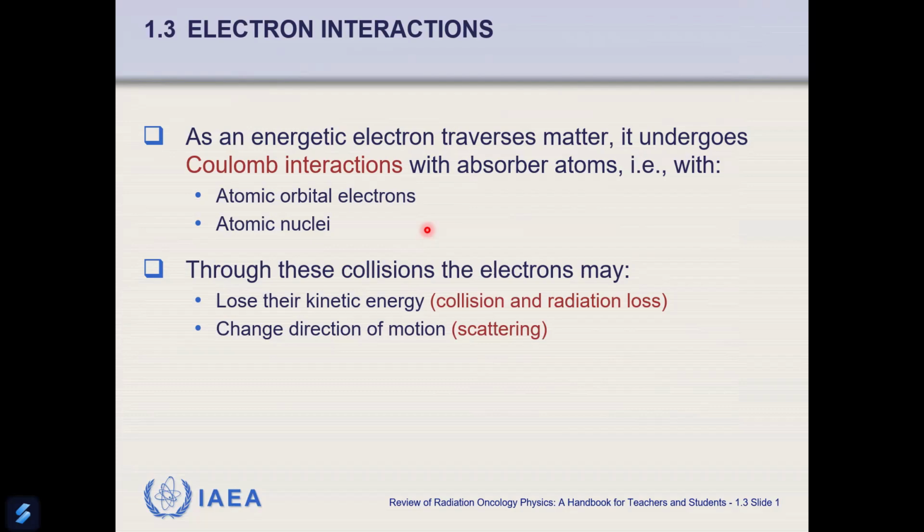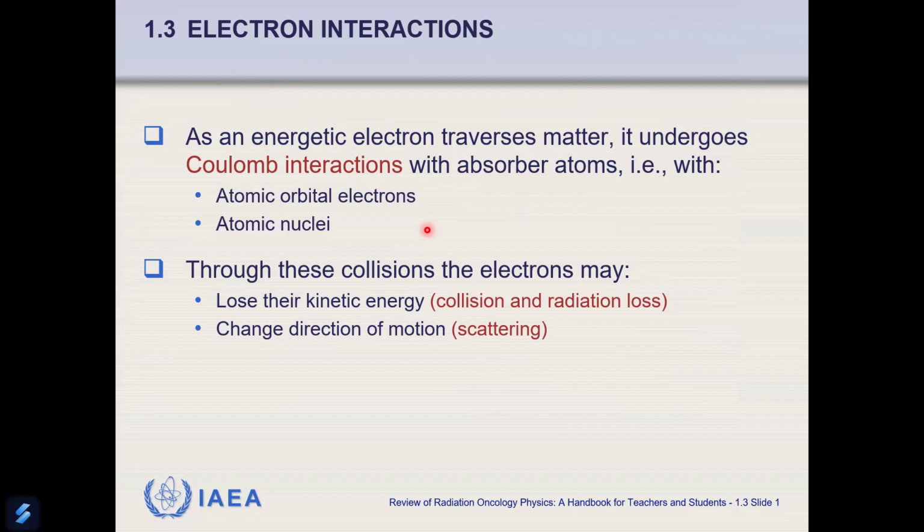And so what happens is that these electrons may lose their kinetic energy through either colliding with absorber atoms or through radiative losses. What is radiative loss? Radiative loss is a loss that results from bremsstrahlung, or from Coulombic interactions with the nucleus.